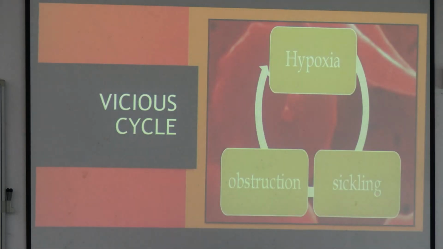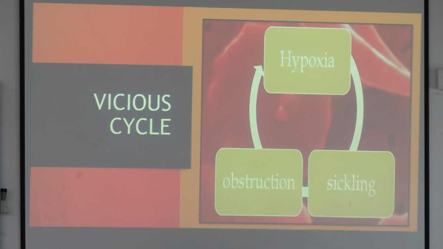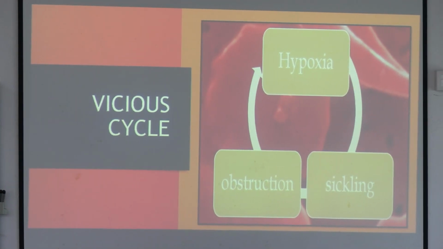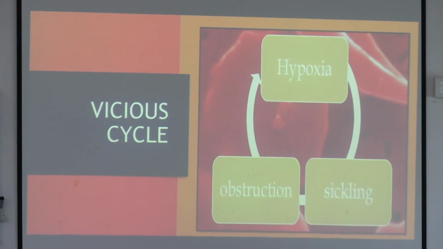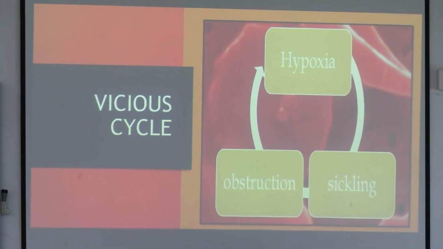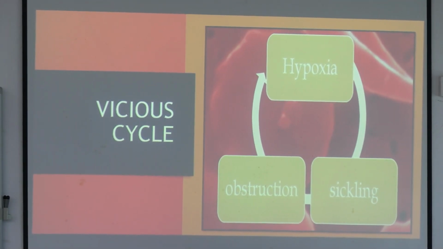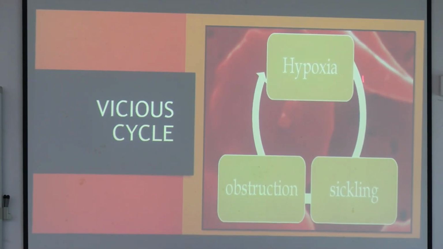Okay, so there is a vicious cycle. A chain reaction: one component of the reaction leads to an exponential increase in another component. So the cycle of hypoxia, sickling and obstruction, next obstruction, hypoxia and sickling. This vicious cycle will continue to run in the patient with sickle cell anemia.